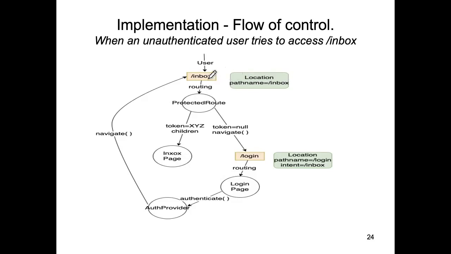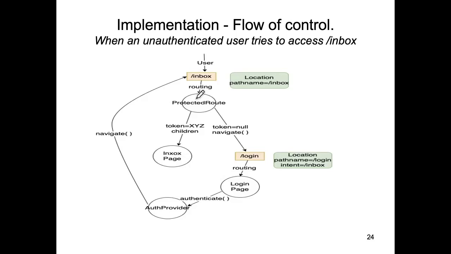That's fine. Now, when the user tries to access the /inbox route, based on my routing configuration, the protected root component kicks in.